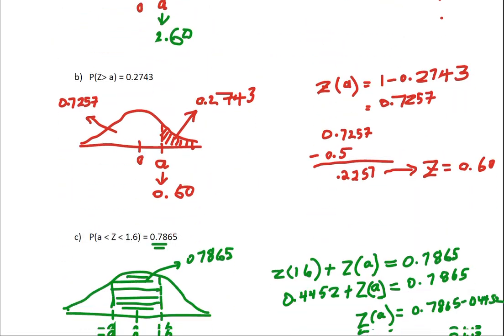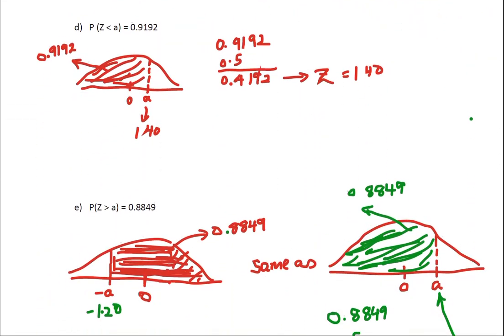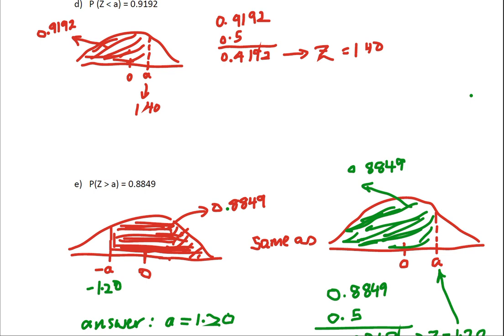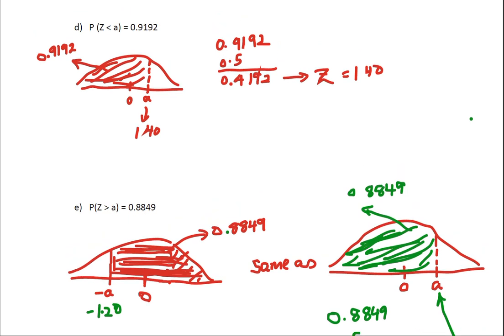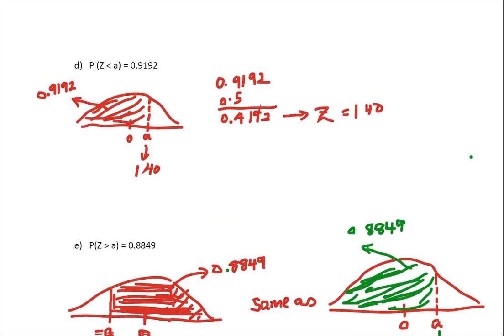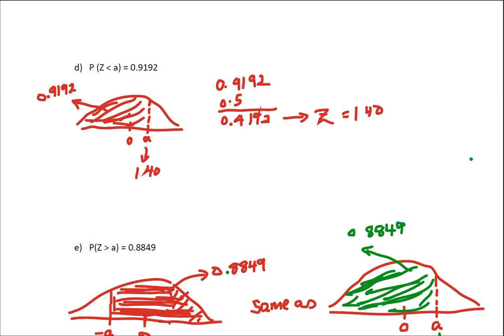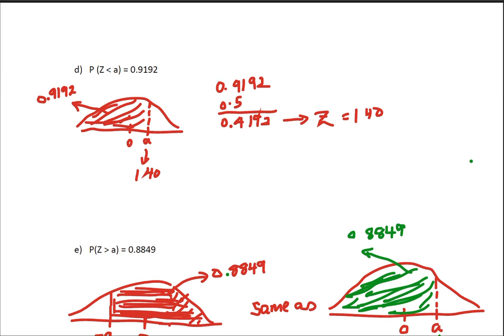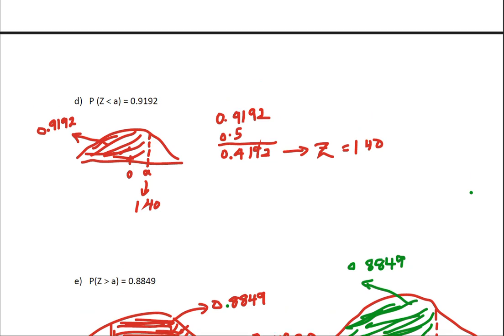So we've looked at a number of possible situations in which these normal distribution problems could come, where your interest is in finding the value of a z value, which we call A in these problems. You're really finding a z value which produces a particular probability in a problem situation.